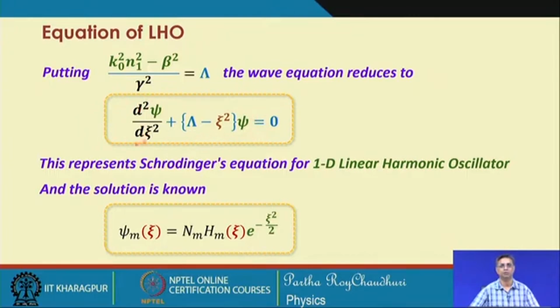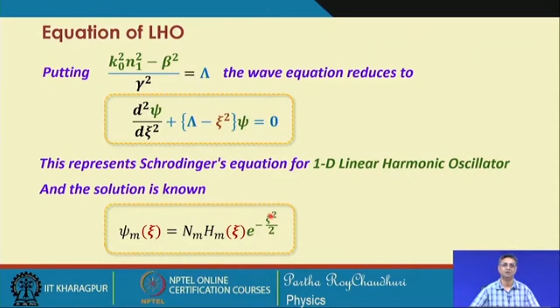We have solved this problem in the one dimensional linear harmonic oscillator. So, we do not need to solve it further using the various techniques. The solutions of this equation, that is the one dimensional linear harmonic oscillator problem in quantum mechanics, are known: psi m of xi is the Hermite Gauss function, with the Hermite polynomial and e to the power of minus xi square by 2.